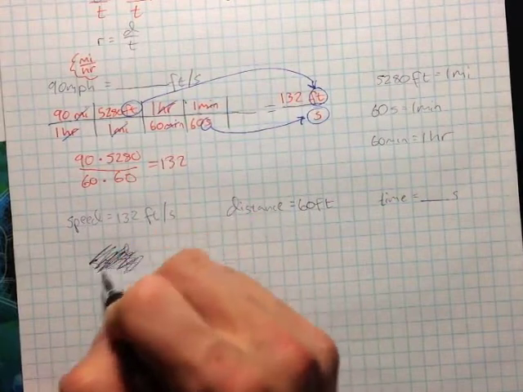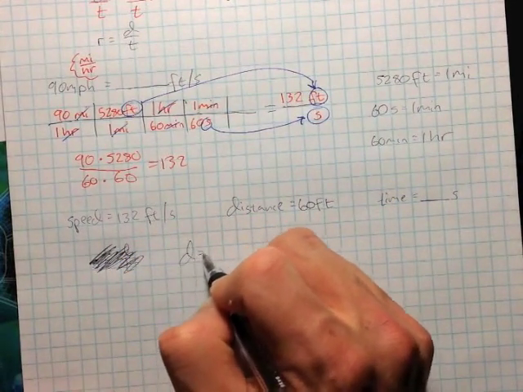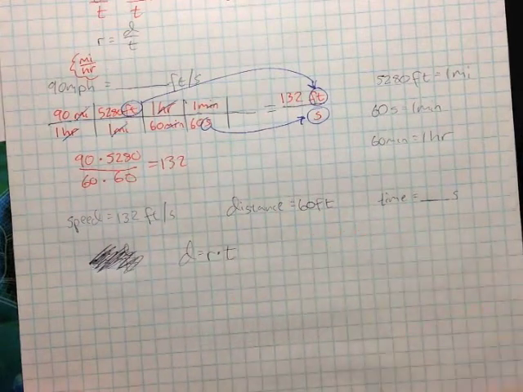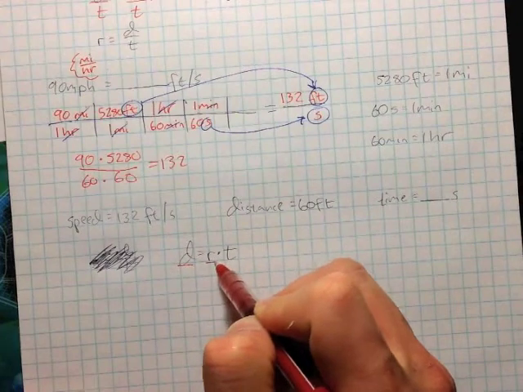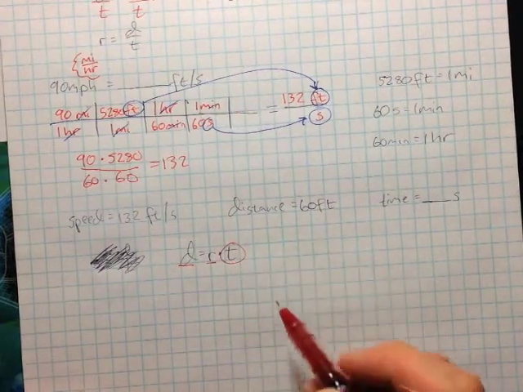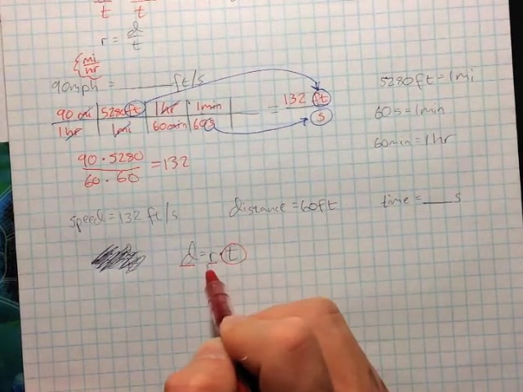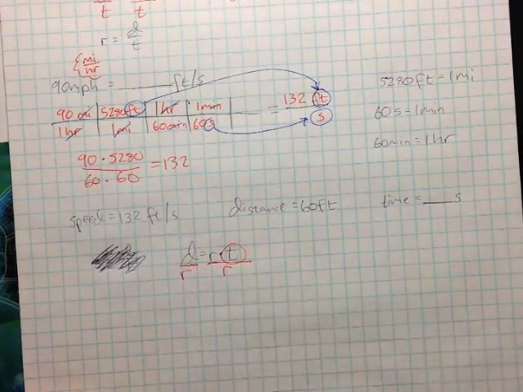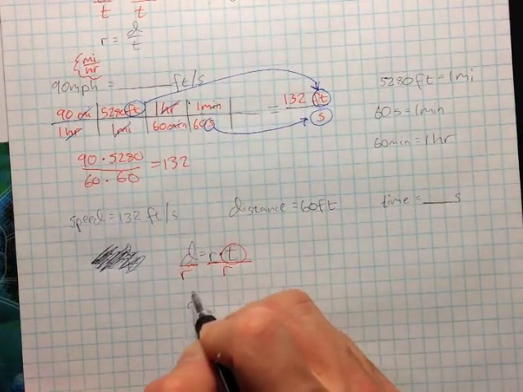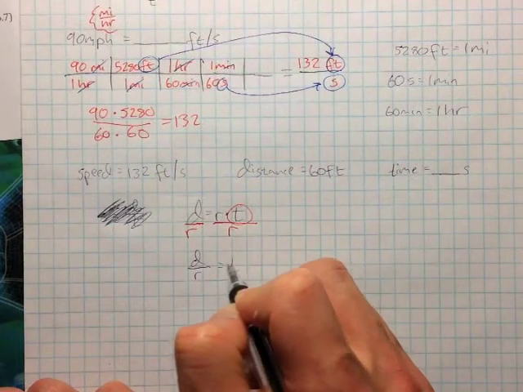We're going to use this particular form more often in physics class, but this is the formula that you probably have memorized from middle school. We know this, we know this, we want this. So in order to isolate the t, we need to divide both sides by the rate, by the speed. Alright, so distance divided by the speed is equal to time.